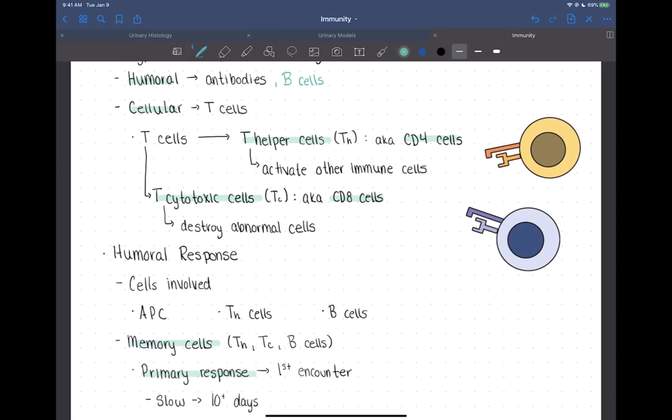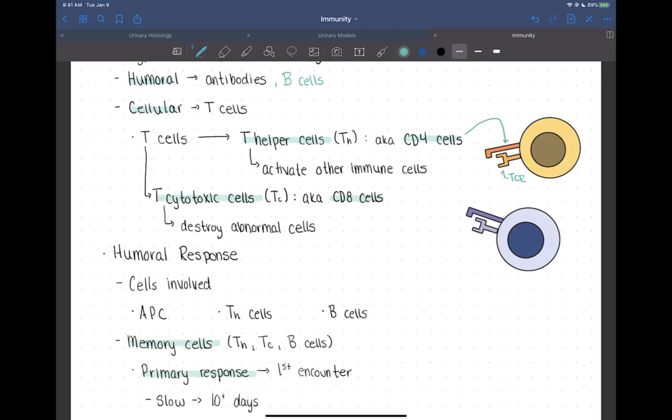The first type is called a T helper cell, and this T helper cell functions in most branches of the immune system. You'll also see it referred to in your text as a CD4 cell. That's simply because it has this extra protein next to its T cell receptor.